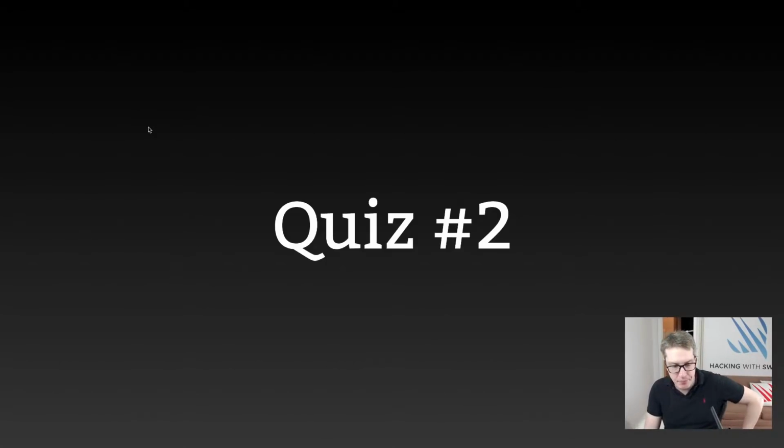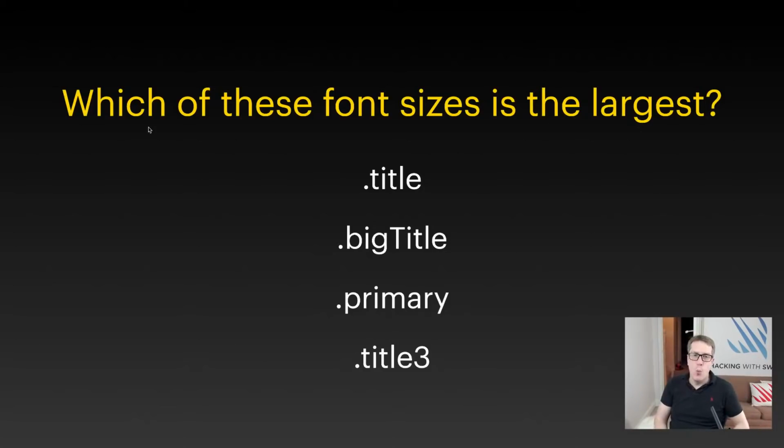So here's quiz number 2. Which of these font sizes is the largest? Title, big title, primary, or title 3? Which of these built-in font sizes is the largest in SwiftUI? Title, big title, primary, or title 3?